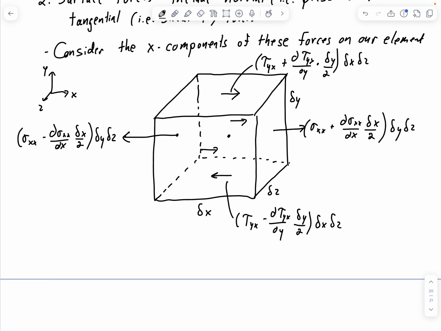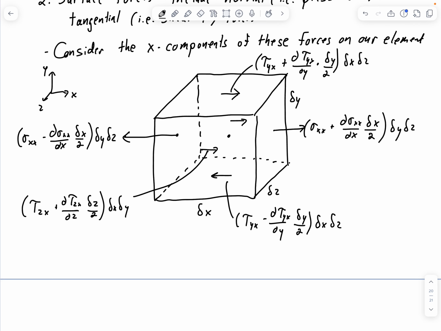Now let's do the one on the front face right here. So this is going to be tau of zx. So it's on the z face and it's pointing in the x direction, plus del of tau zx by del z times delta z over 2 times delta x delta y. Again, that's the area of that face.